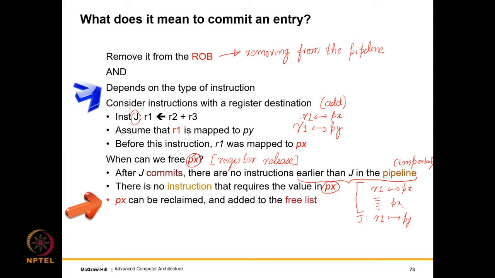Let me repeat the last statement, rather important. All of them have committed and all of them have left the pipeline. This means that PX can be reclaimed. So at this point PX can be released and added to the free list. This is undoubtedly a very important insight for us. So whenever I am renaming an instruction that has a register-based destination operand, I need to remember the previous mapping.